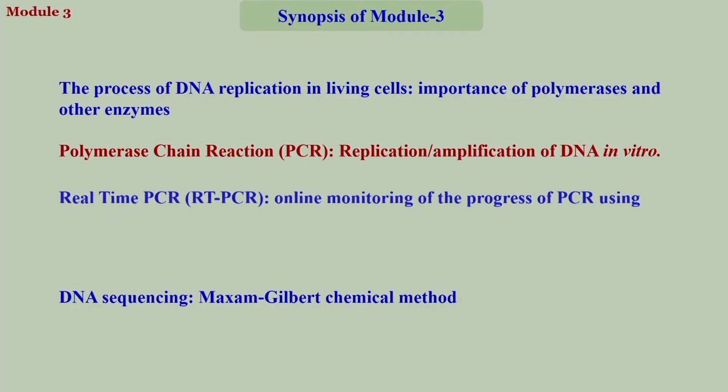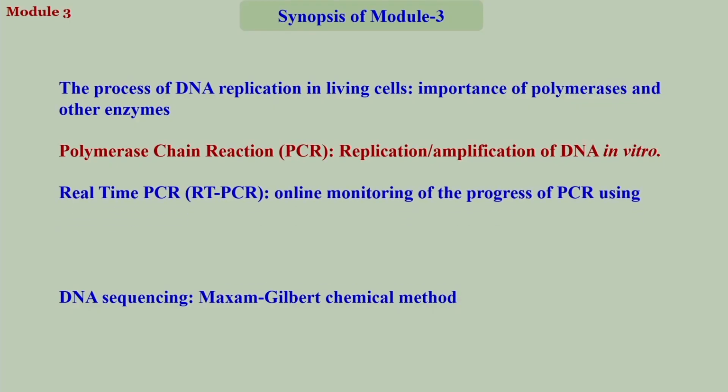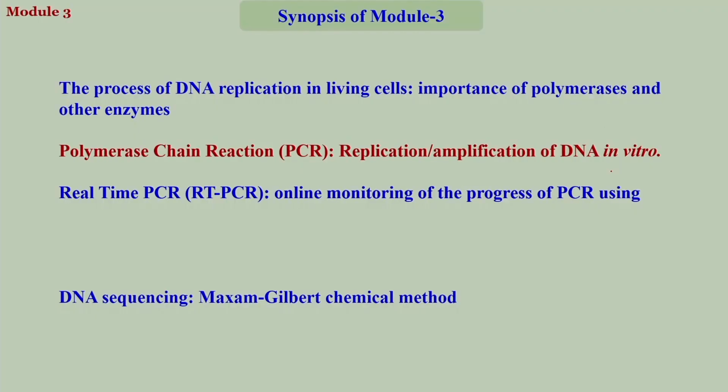So with this I will complete module 3. What we have covered is the process of DNA replication in living cells, how the polymerases act, and how the other enzymes function or take part in the process of DNA replication. Second, we have seen the polymerase chain reaction, PCR, how you can do the same replication process, or amplify the quantity of your DNA in a laboratory using the chemical technique called PCR in vitro.